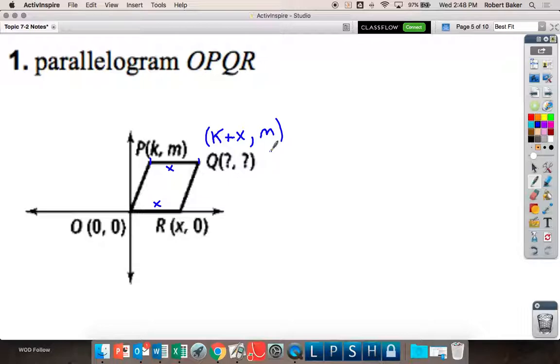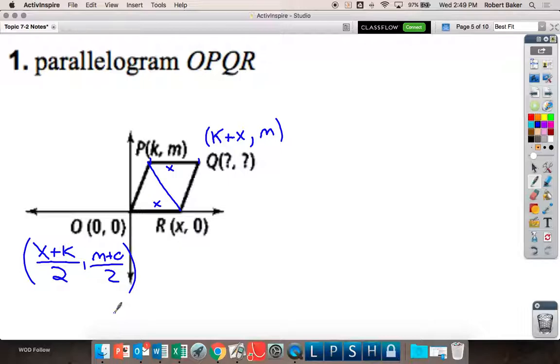Right? To find the midpoint of PR, that's adding the x's together, x plus k divided by 2, and add the y's together, m plus 0 divided by 2. That is the midpoint of PR. Add the x's divided by 2, add the y's.